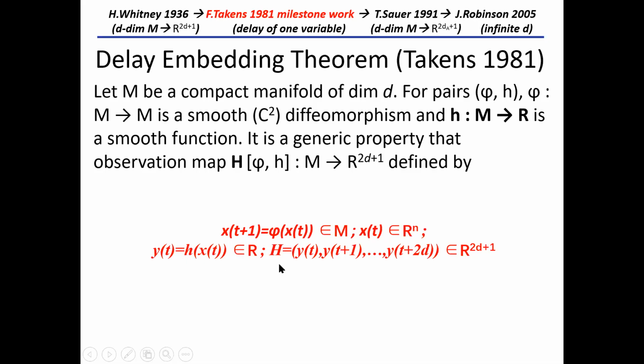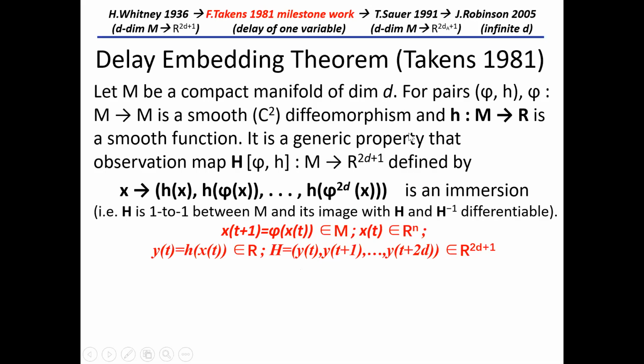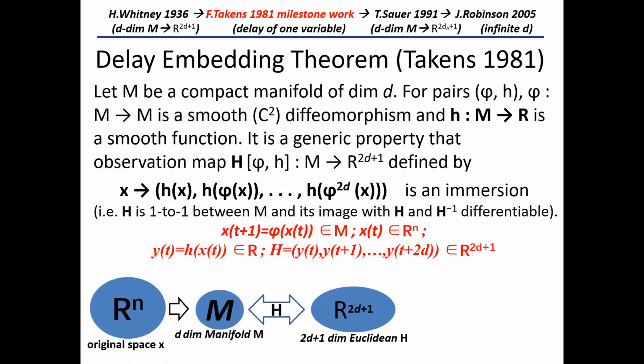From this one dimension we use delays to construct a high dimension, which we call h. By such a construction, Takens proved that x and the embedded space correspond one to one by this function h. So that is the delay embedding theory.